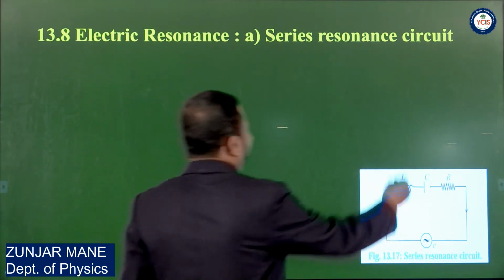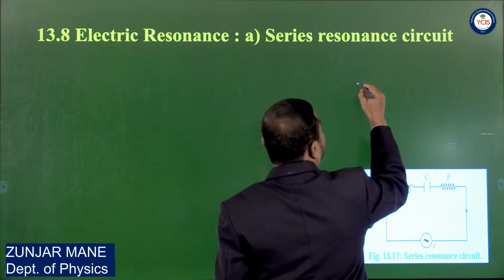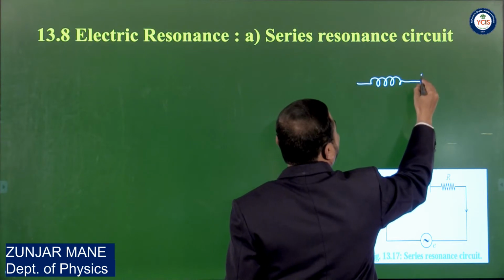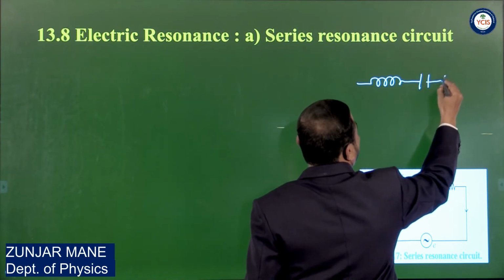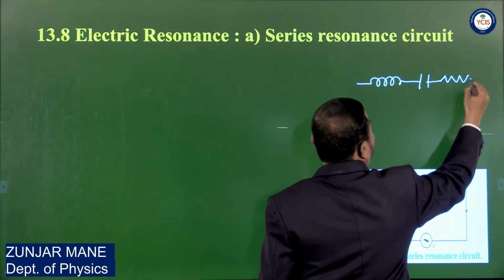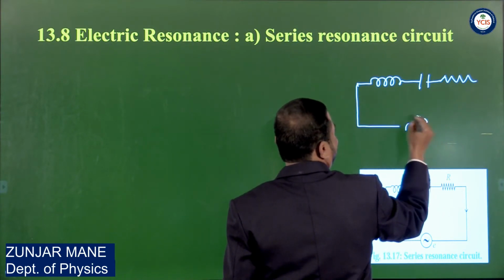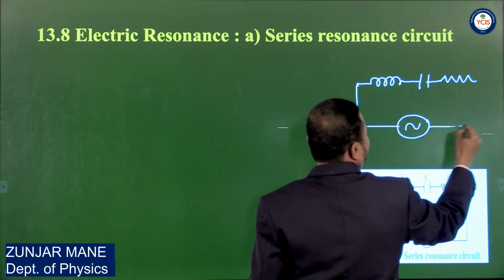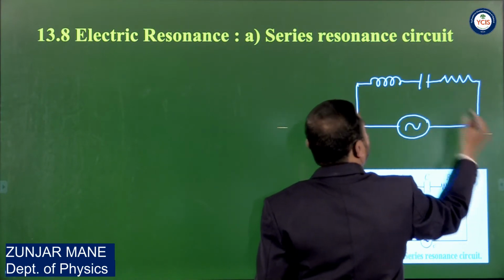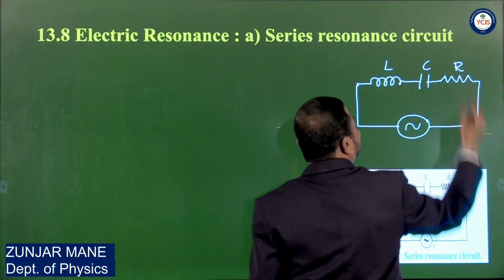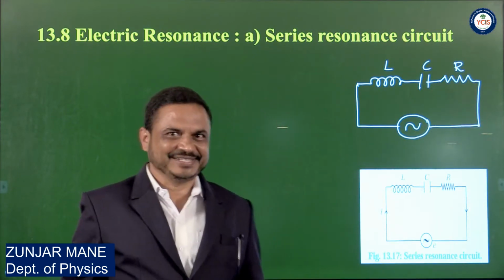In this circuit, the components L, C and R are connected in series across the AC supply. Suppose this is L, this is C and this is R. They are connected in series.